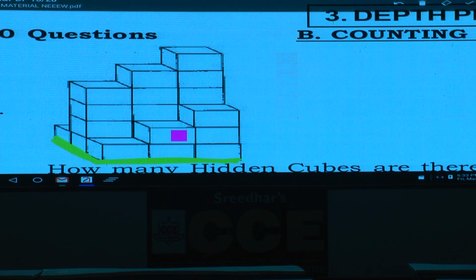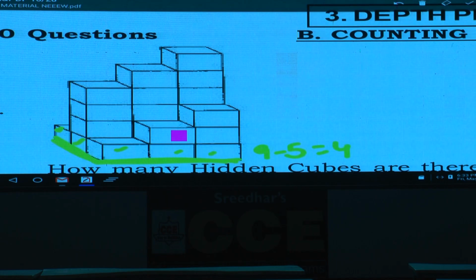Hence in the base, how many cubes are there? 3 into 3, so in the base there are 9 cubes, isn't it? And in these 9 cubes, how many are visible to you? 1, 2, 3, 4 and 5 are visible. Out of these 9, 5 are visible and the remaining are what? 9 minus 5, 4 are invisible. Invisible in the sense that they are hidden somewhere else.